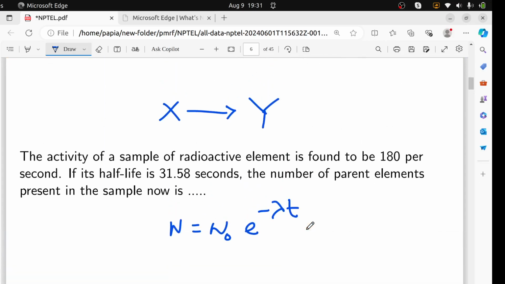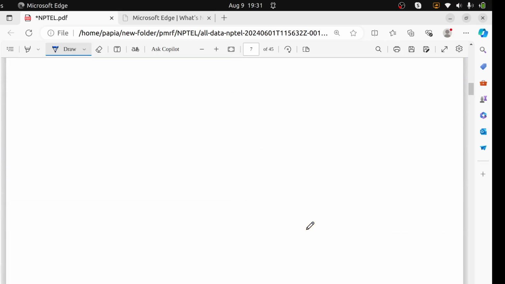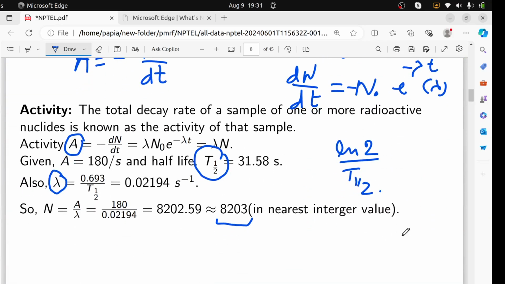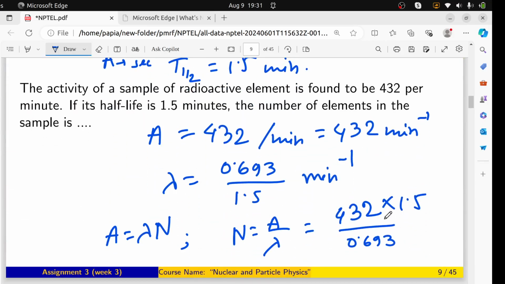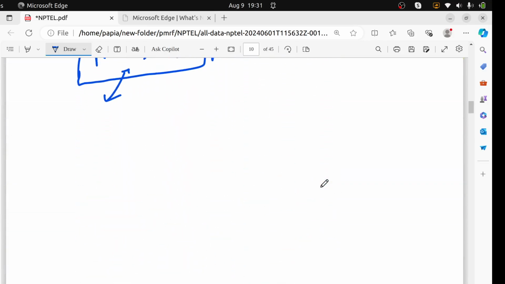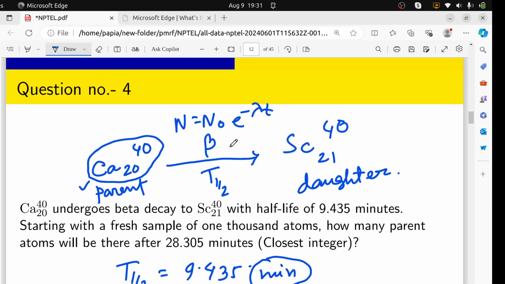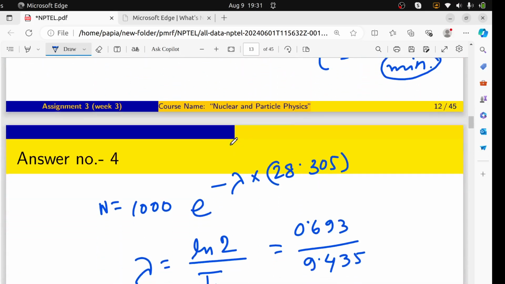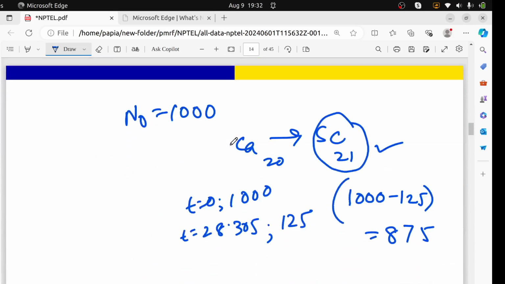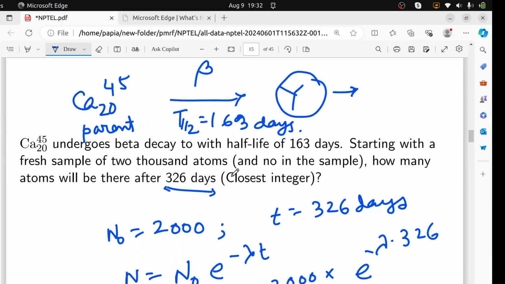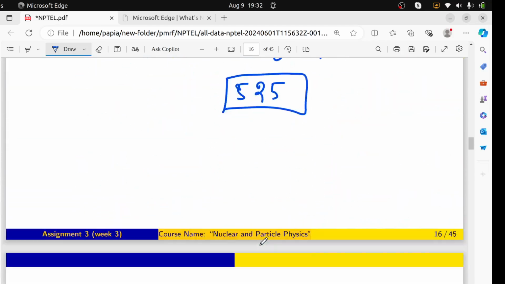They are asking for the capital N. Then this is the same question with different numbers, again asking for the capital N. Then this question is also asking for the capital N, with the help of the N0 e to the minus lambda t expression. Then this is a similar question, that N equals N0 e to the minus lambda t.